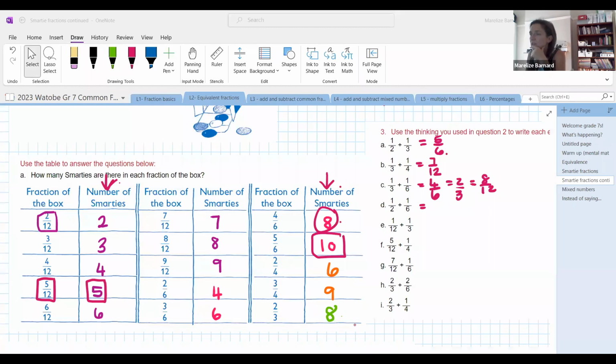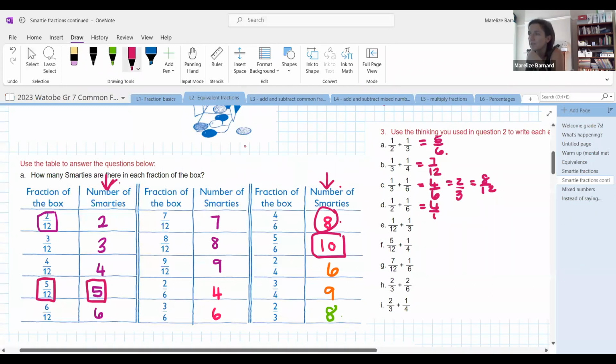Okay, and then question D is a half plus a sixth, so that's 6 Smarties plus 2 Smarties gives you 8 Smarties again. So same answer, I think. Yeah, a half is 6 plus 2 is 8. 8 is 4/6. That's the same as 2/3, and that's the same as 8/12.